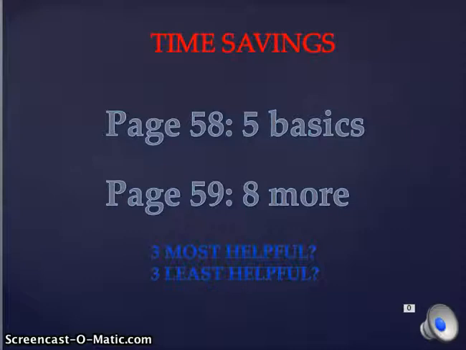And on page 59 and then on to 60, you get 8 more suggestions of how to save time. As you read these 13 suggestions, would you please mark the 3 that you think will be the most helpful to you and the 3 that you think will be the least helpful to you as you transition to this new way of reading your students' papers.